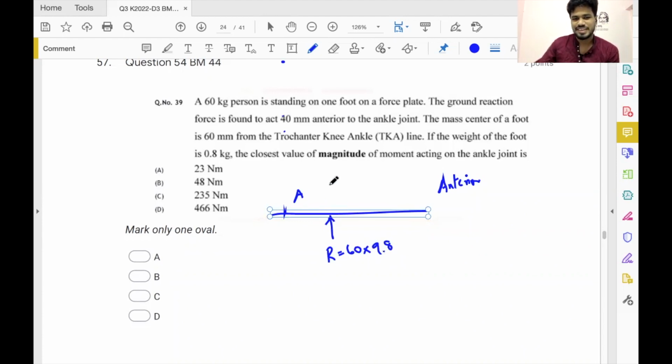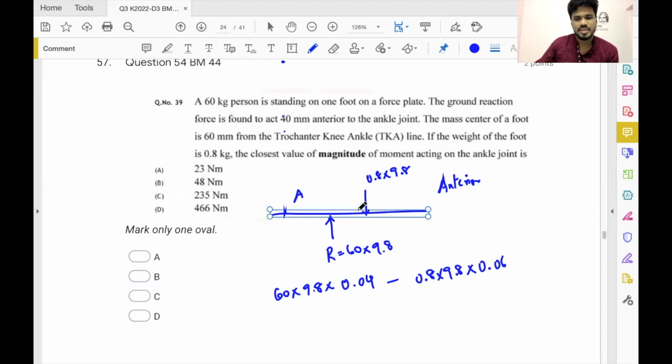This is just mass, and then we have the weight of the foot, which acts elsewhere, at 60 mm distance, 0.8 into 9.8. What is the net moment? That should be 60 into 9.8 into 0.04 minus 0.8 into 9.8 into 0.06.